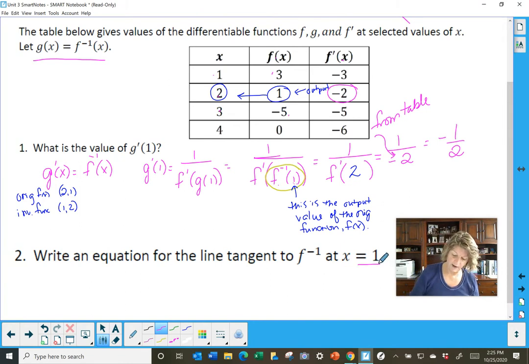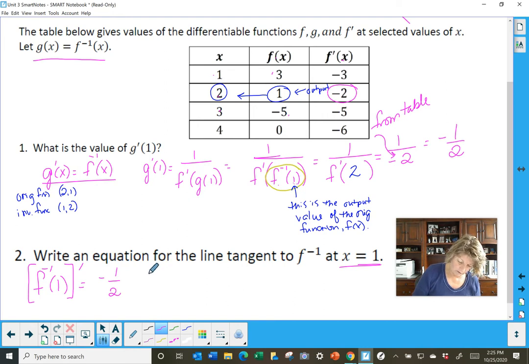Well, I just found the derivative at f inverse of 1 right up here, right? So I need f inverse of 1. I need its derivative. And I found that up above in part 1 to be negative 1/2.